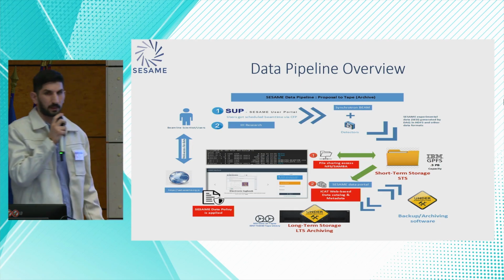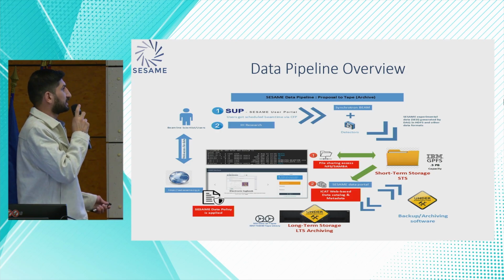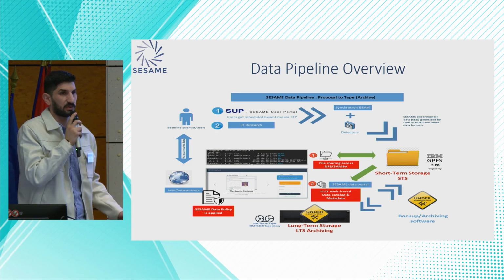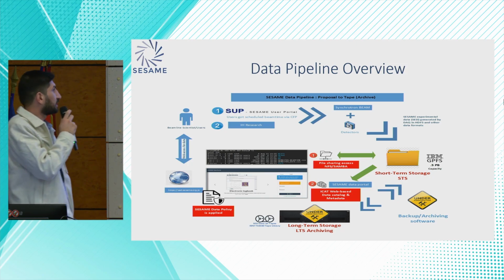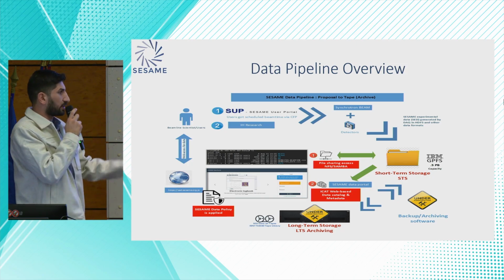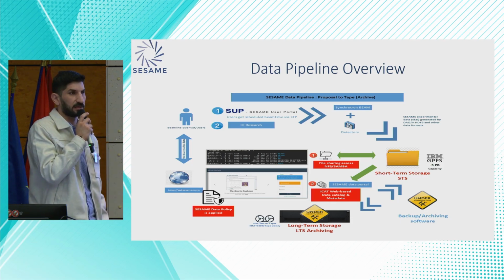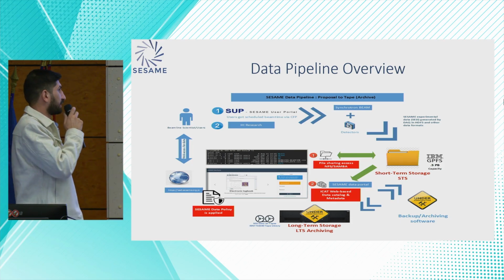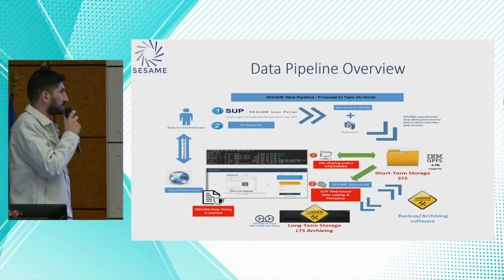So our story here is we have this data portal, and our target is to make the users, when they have a beam time, log into the portal, go to the proposal number and see the data live, starting from minute one. So we have additional features. I'm going to talk about them in the next slides.